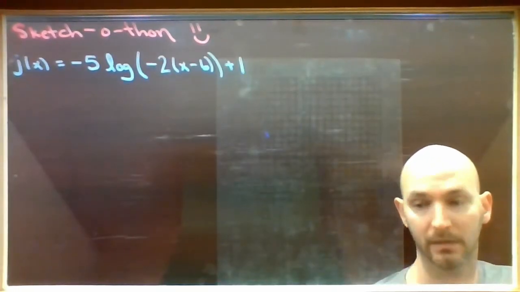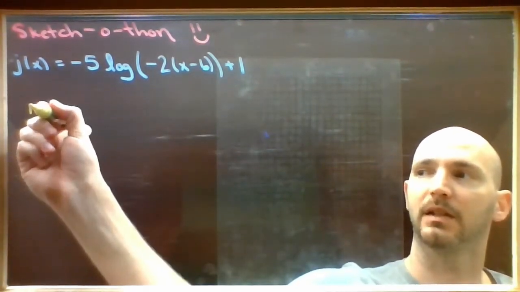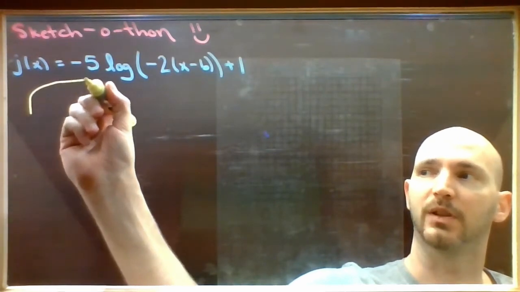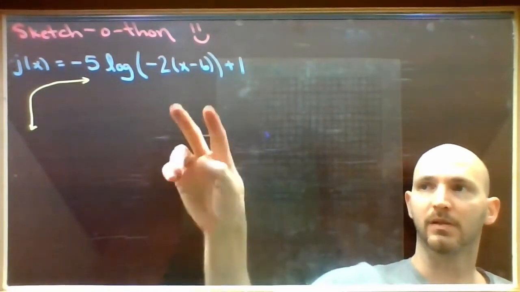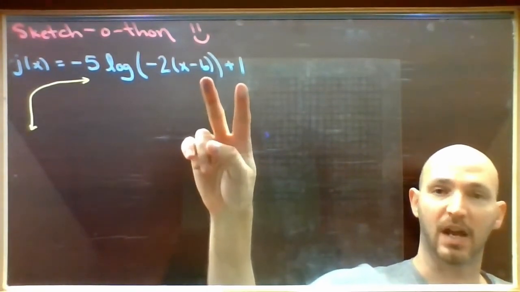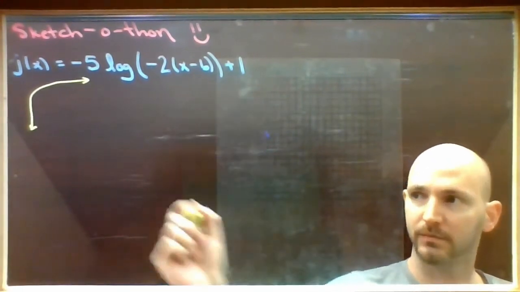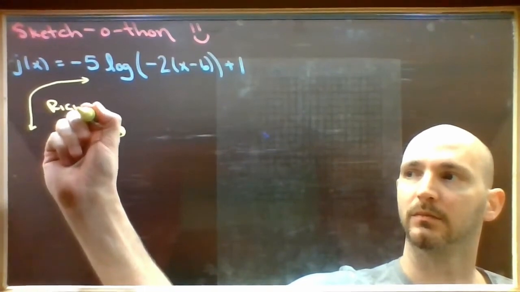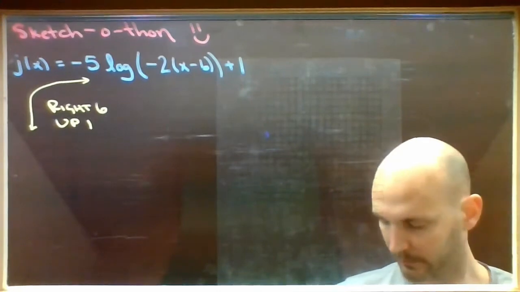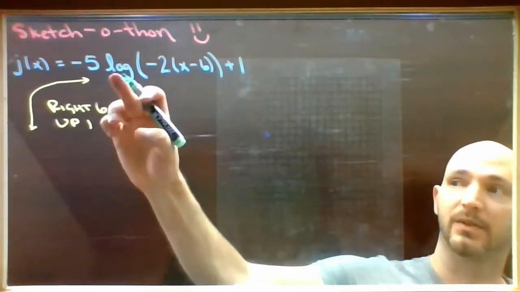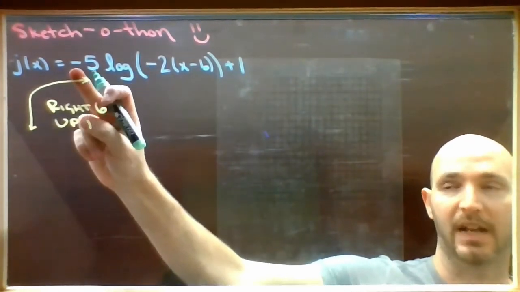So I have a logarithm here. Logarithms have a long tail from infinity and then gradually grow that way. So looking inside there, I have my addition and subtraction factors. That will be a rightward shift 6 and an upward shift 1. Looking at my multiplication factors, I have a vertical stretch by a factor of 5 with a reflection.